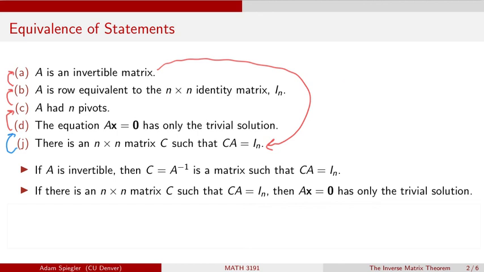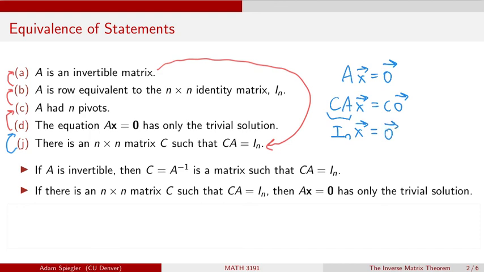We take this equation, AX equals 0, and multiply both sides on the left by matrix C, and we have assumed that CA gives us the identity matrix. Multiplying the 0 vector by matrix C gives us back the 0 vector. So the only solution here is that X has to be 0. So we only have the trivial solution.